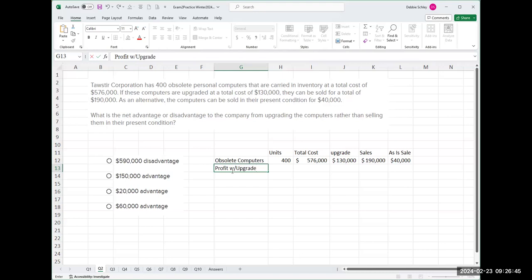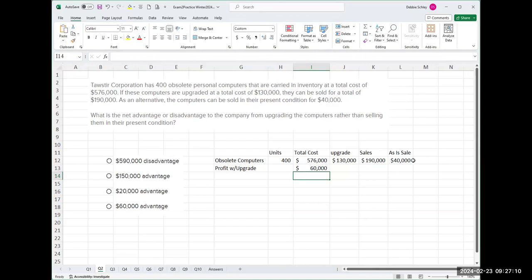Well, the relevant information for that, the total cost that's sunk, so we don't have to worry about that. With the upgrade, it costs 130,000 and we could sell it for 190,000. So we take the amount we would get for the sale minus what it would cost to upgrade. And that gives us what the profit is.